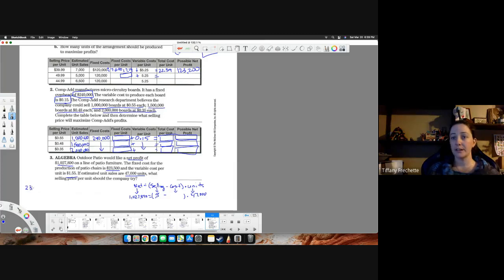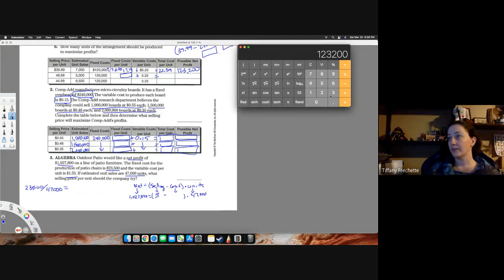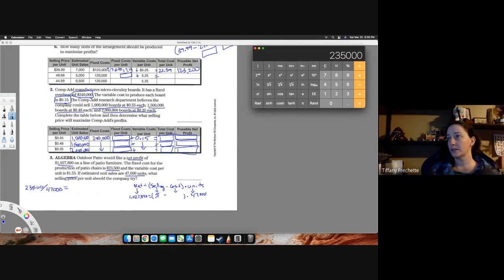So 23,500 divided by, so fixed cost per unit equals, and if we do this division, so we have 23,500, whoops, one too many zeros. And swipe back on the phone. I don't know if you can do that on the computer.